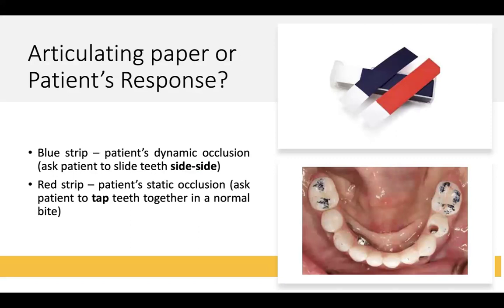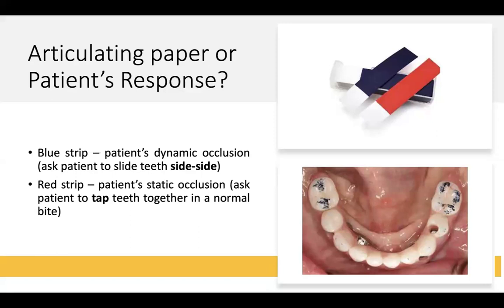Right, then there is the issue of the articulating paper. There are still arguments about whether we should stop adjusting after the patient is okay with it, or we should really make sure that there are no areas marked by the articulating paper.